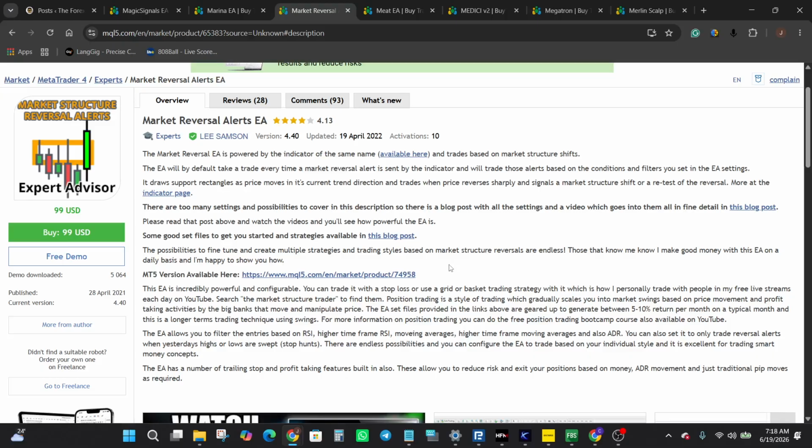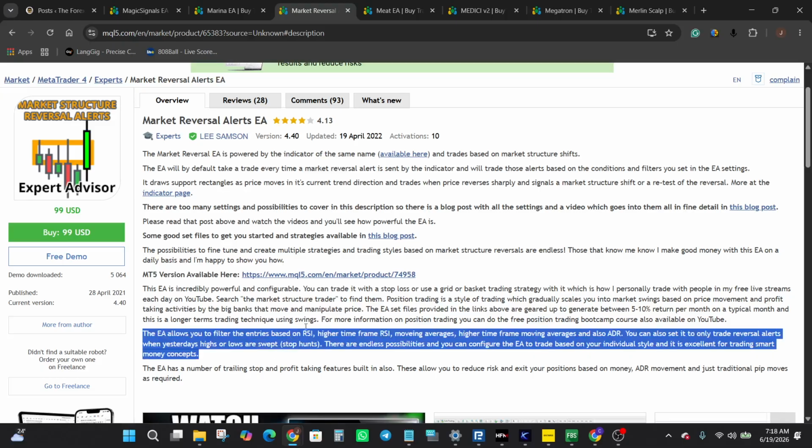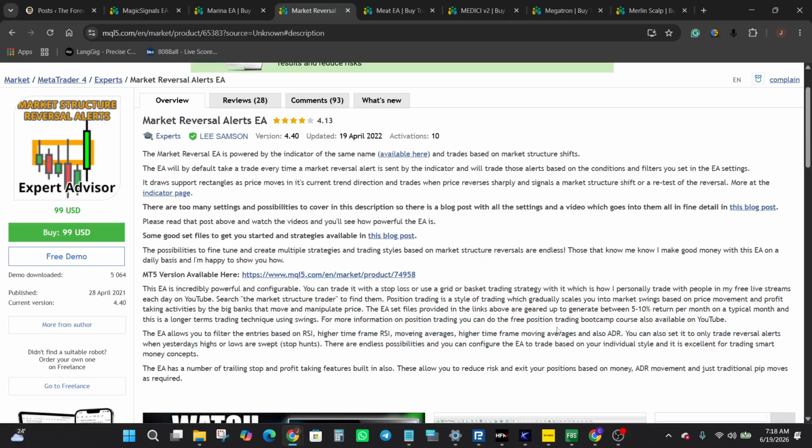Traders can filter entries using the RSI, higher time frame RSI, moving averages, higher time frame moving averages, and ADR. There is also an option to only take reversal alerts when previous daily highs or lows have been swept, which the developer describes as stop hunt conditions.